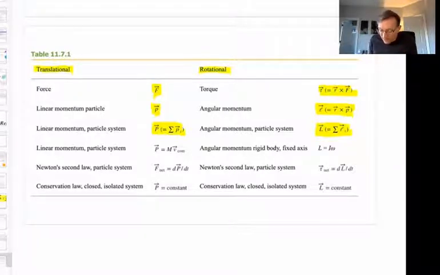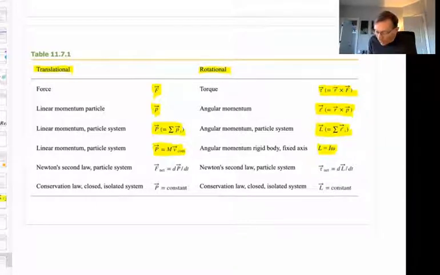Another expression for linear momentum of a particle system: the total linear momentum of a particle system, big P arrow, is equal to the total mass of the system times the velocity of the center of mass. What's the rotational version of that? The angular momentum of a rigid body about a fixed axis, L equals I omega.